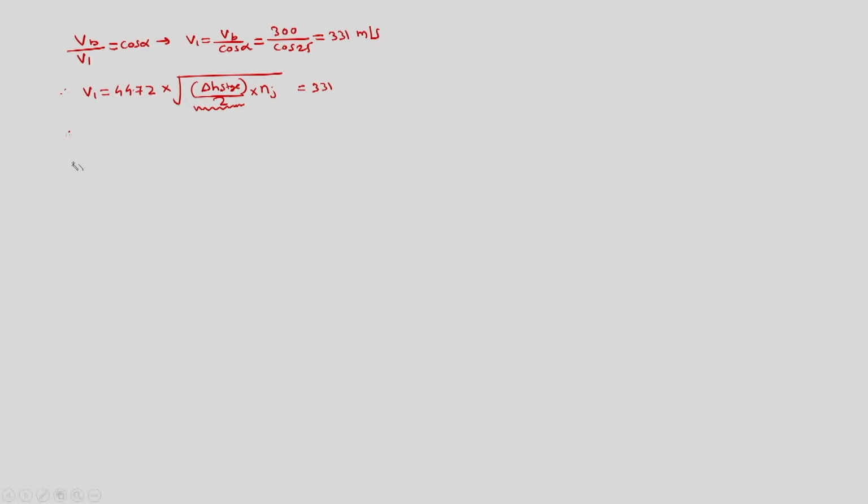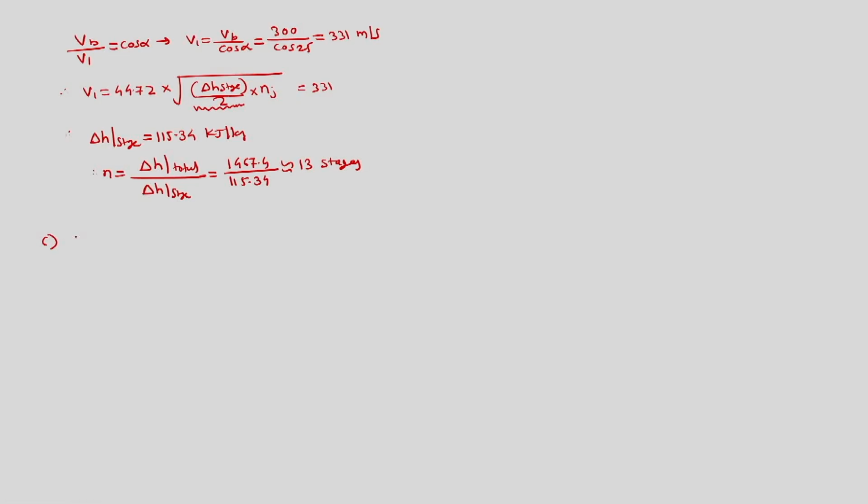So from the known data we get delta H stage as 115.34 kilojoule per kg. Number of stages is delta H total divided by delta H stage, which is 1467.4 divided by 115.34, equal to around 13 stages.